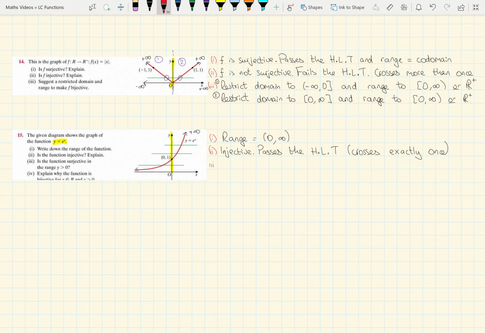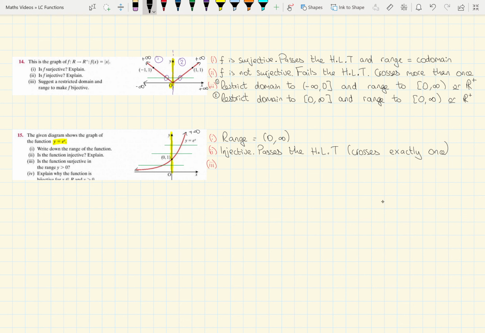In part 3, we're asked if our function is going to be surjective in the range y is greater than 0. So for that condition, for surjectivity, our horizontal line test is going to have to pass at least once, and then our range is going to have to equal our codomain. So we see from our answer in part 1 that our range was 0, infinity. Because we know it's an exponential function, our set of possible outputs can only ever be positive values.